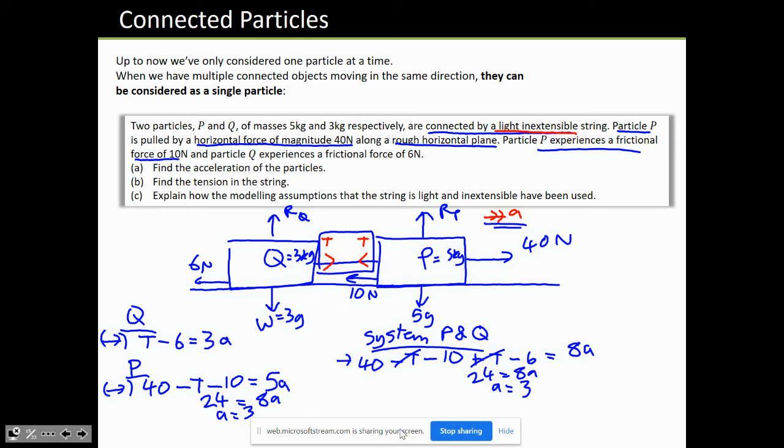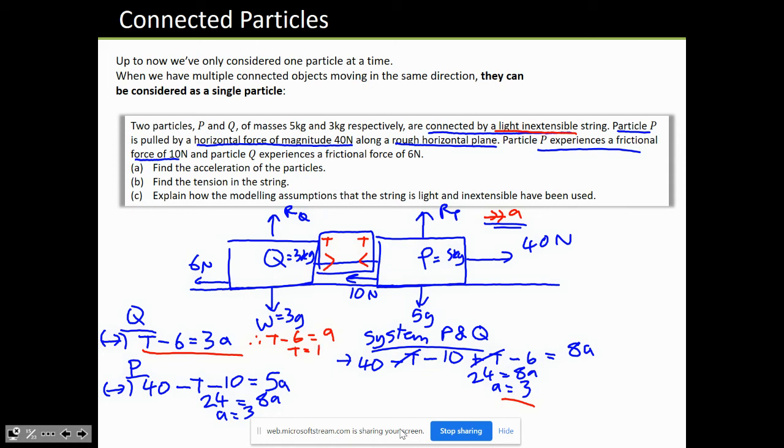So taking the system as a whole helps us get rid of the need to solve simultaneous equations. However, it is still important to know how to handle each object separately, because once we've got our acceleration to be 3, we then need one of our particles, either one, it doesn't matter, to substitute our acceleration in to find the value of our tension for part B. If we have an acceleration of 3, this means T take away 6 equals 9.